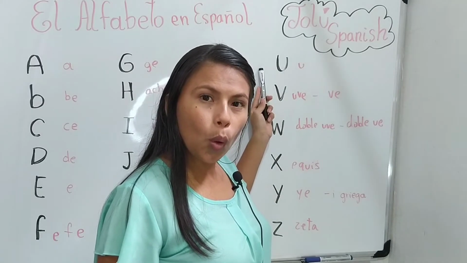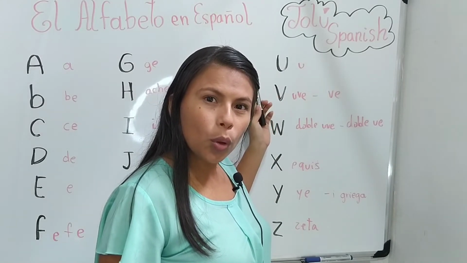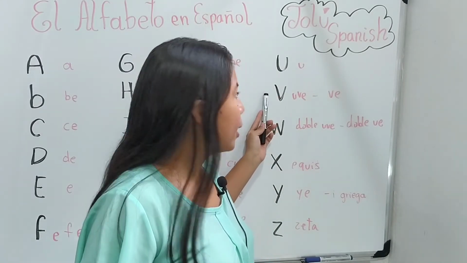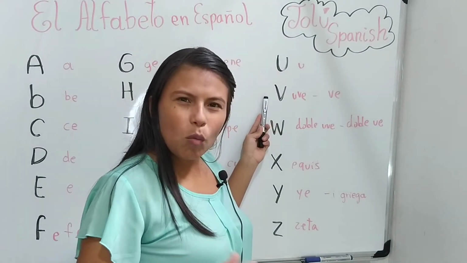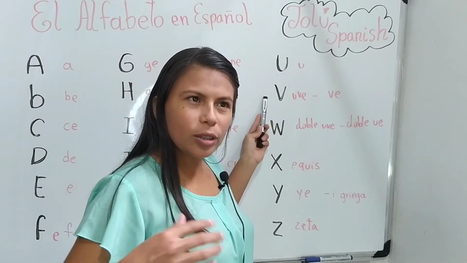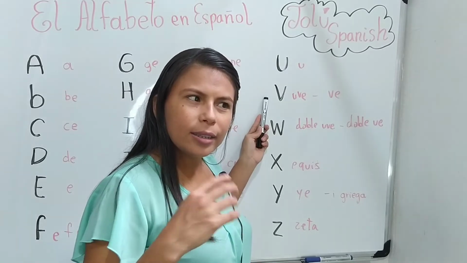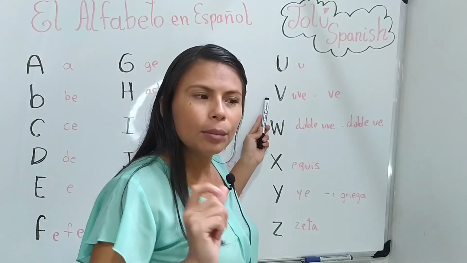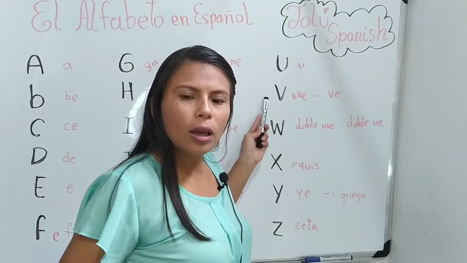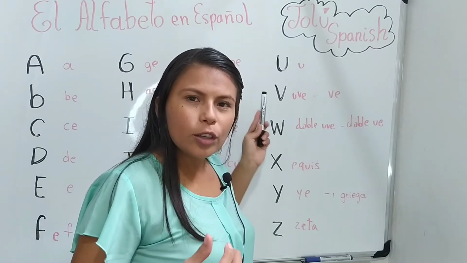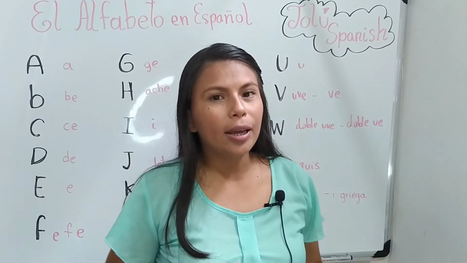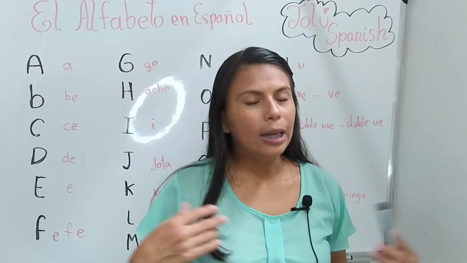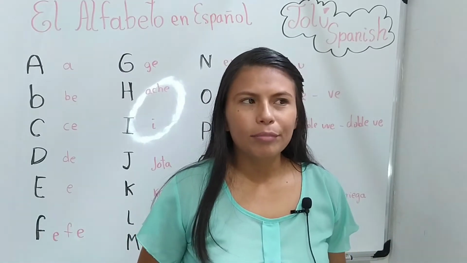U. V. When I was a child, my teacher told me this is the sound B. But in another place, you can say UV. So you can pronounce it like a V or like a UV. It's no problem.